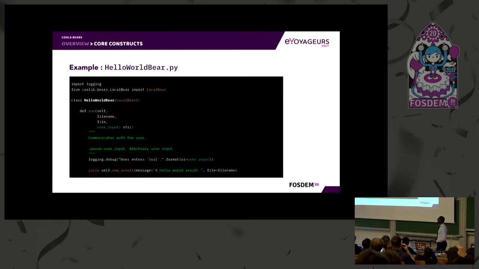Let's see an example. I have a hello world bear, and now I just print some logging things. So I extend from the local bear. That means I want to run it on every file and just output a user input which is provided by the user.